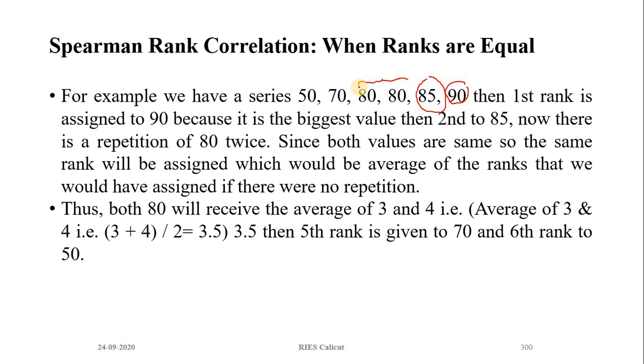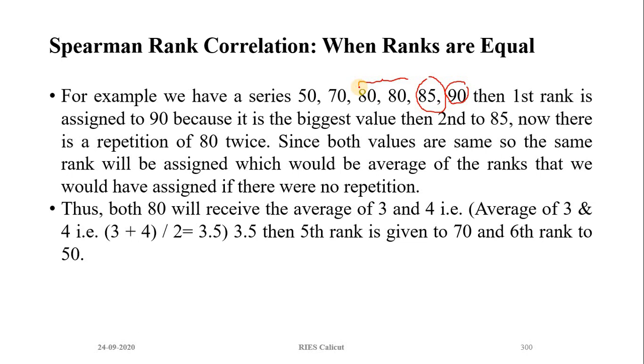What are the third rank and fourth rank? Third is 80 and fourth is also 80, but for this third and fourth there are two people. So you add the third rank and fourth rank and divide by 2.